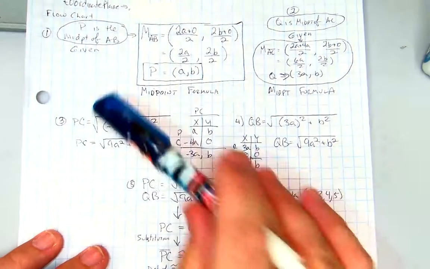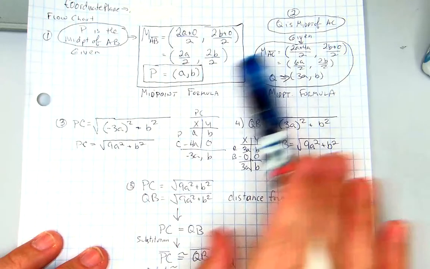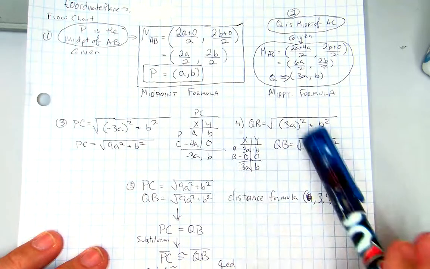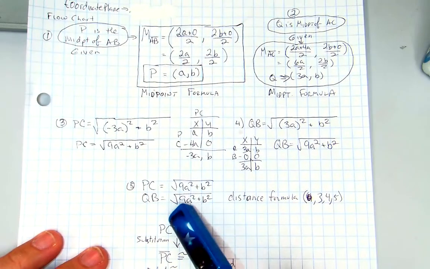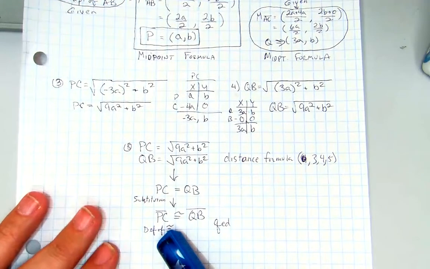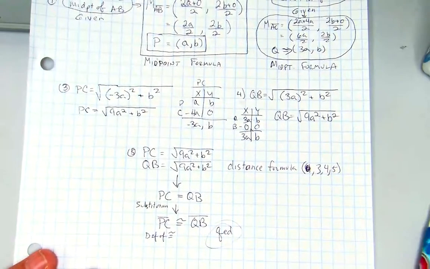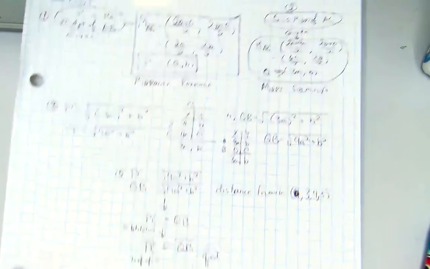And so 1, 2, we find our midpoints. Then we use our midpoints to find the distances. And once we find out that the distances are the same, we find out that the segments are the same. And voila, QED, we have proven what we needed to prove.